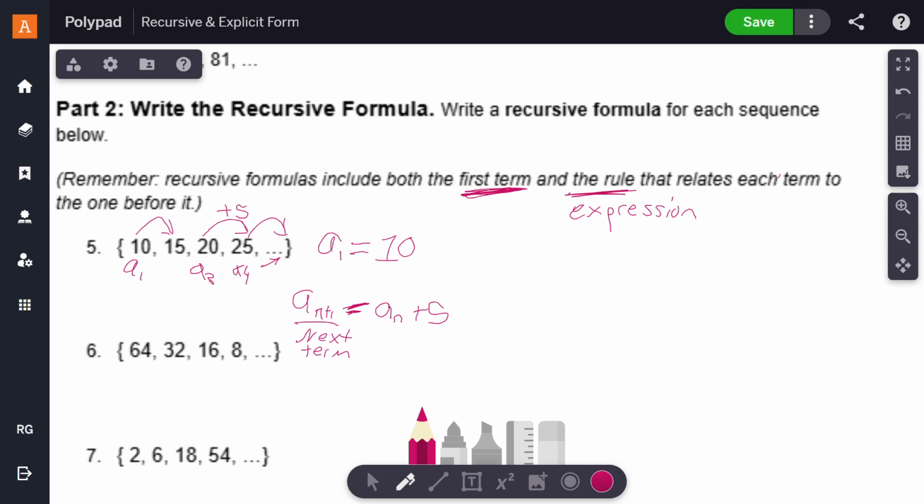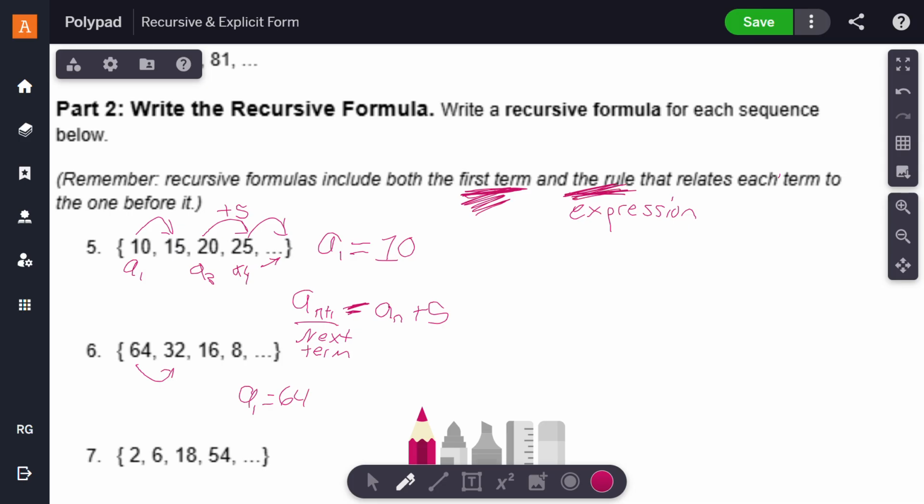All right, and that's pretty much it for recursive formula, other than, if you're not adding, then you replace the plus 5 with whatever you're multiplying, dividing, or subtracting. So for example, in number 6, to go from 64 to 32, right? Again, our first term is 64 because we always need the first term.